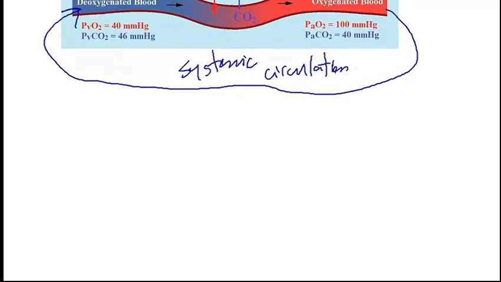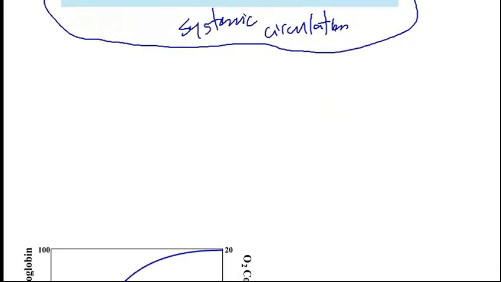Now you can see that oxygen transport by the blood is one of its very important functions. And so the question is, how does blood carry oxygen? There are two different forms in which oxygen is transported in the blood. Number one, oxygen can get dissolved in plasma.